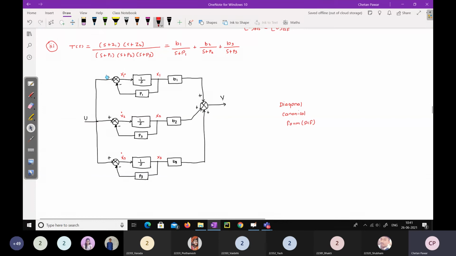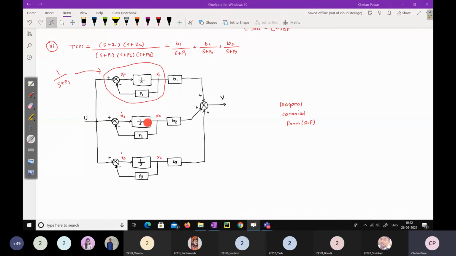Similarly, the second block will be 1 upon S plus P2.